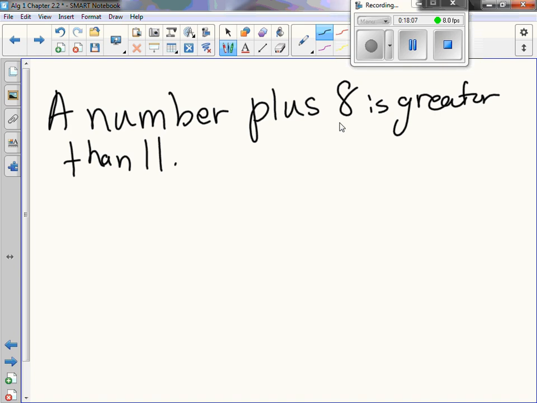So fill this in on the back. So we're going to do a few more here, and this is one of them. A number plus 8 is greater than 11. So I'd write that down because that's what we're starting with.